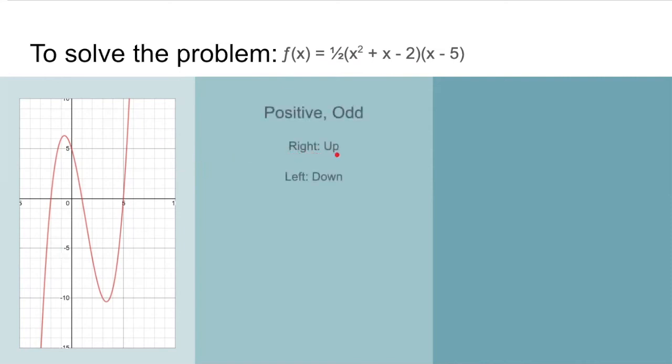That states that as x approaches infinity, or as it goes to the right, it'll go upwards, and as it goes to the left, or negative infinity, the y will also approach negative infinity, or go downwards. And we stated earlier that the degree of the polynomial is 3, so this function, again, can have up to 3 roots.